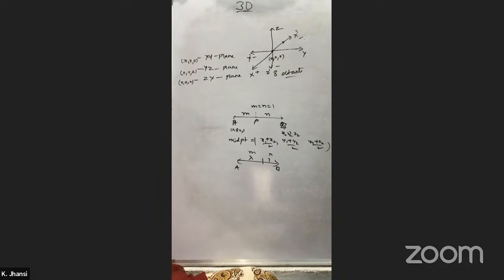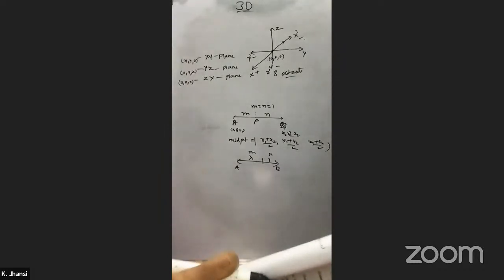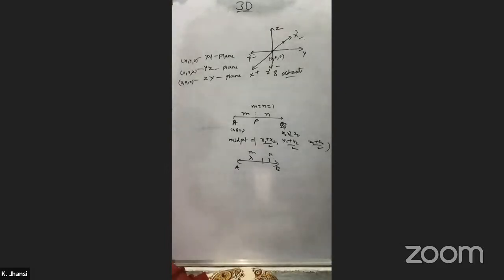When such a case is there, you find the coordinates or the lambda value. The formulas are in the textbook on page number 12. Hence the coordinates of the point R which divides the line joining the points will be in the form of mx2 plus nx1 by m plus 1, my2 plus ny1 by m plus 1. It is on page number 12.